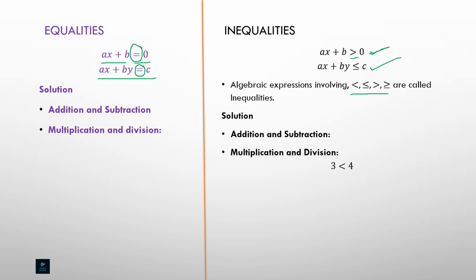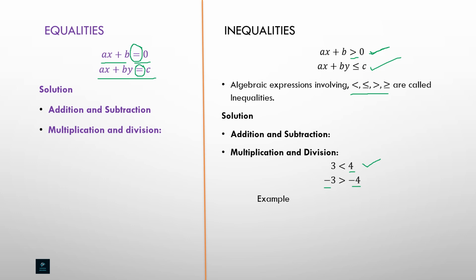For example, we all know that 3 is less than 4. Now if we multiply this inequality by -1, it becomes -3 and -4, and clearly -3 is greater than -4. So when we multiply or divide an inequality by a negative number, the sign of the inequality reverses.